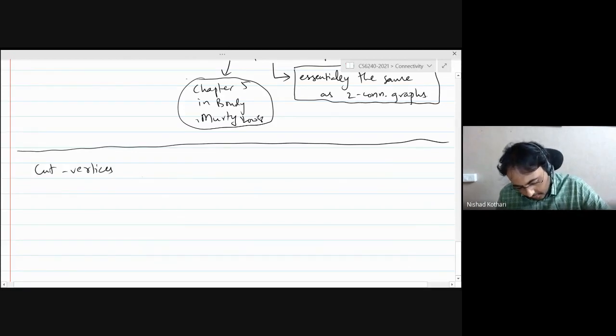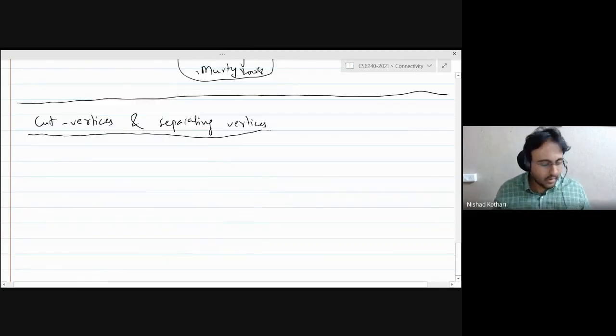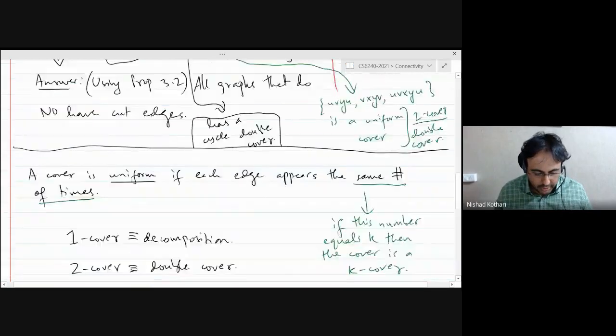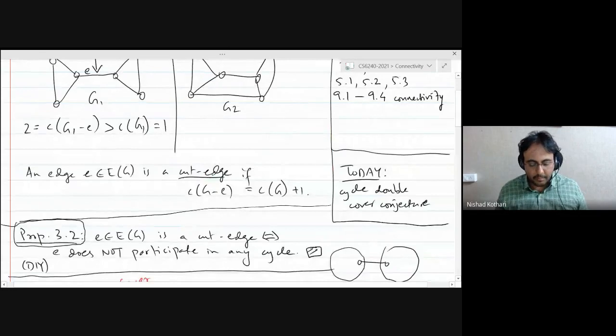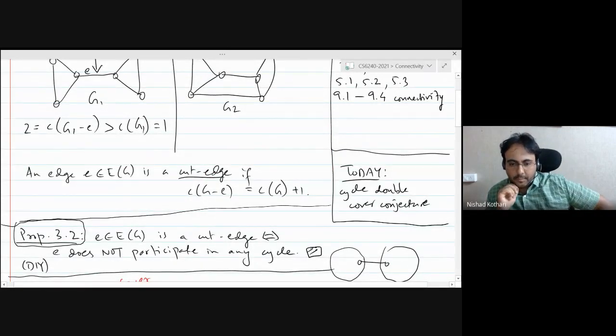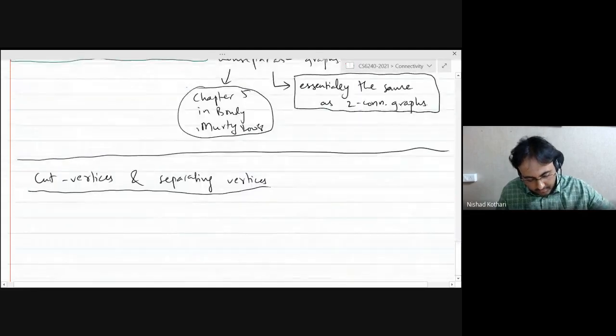And there is a related concept called separating vertices, which we'll also be discussing today or in the next lecture. Okay. So let's go back to a cut edge. An edge is a cut edge if the number of components after removing it is greater than the number of components in the original graph. And it's the same definition for a cut vertex.